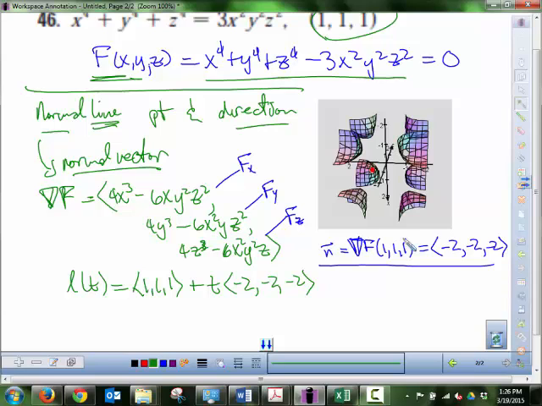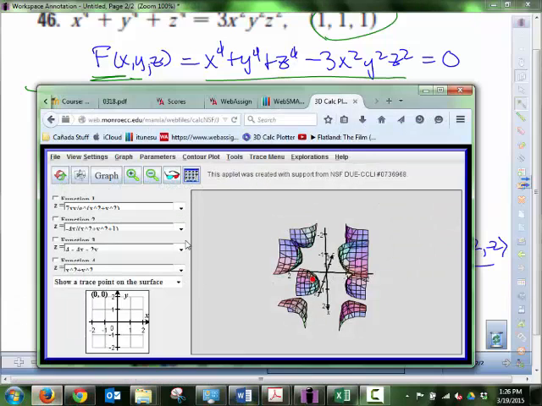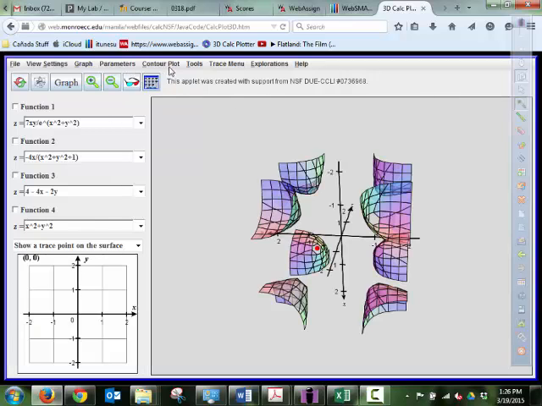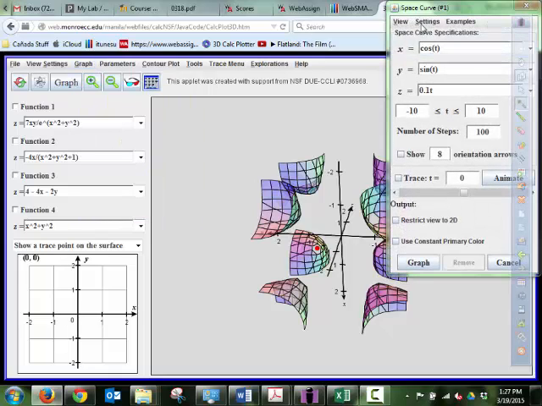Since we have the graphing ability to graph lines as well, let's do that. Let's go back to our graph and graph that line by adding a space curve, because the line is really just a space curve. And I wrote it in vector form, but we can write it in parametric form.